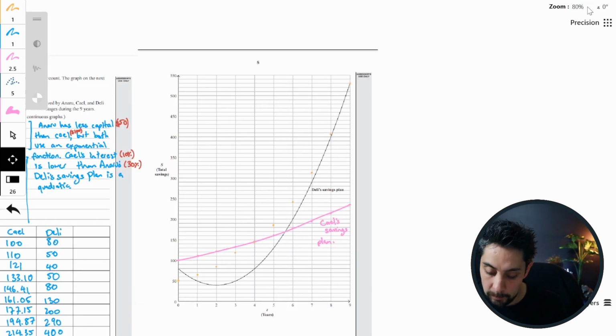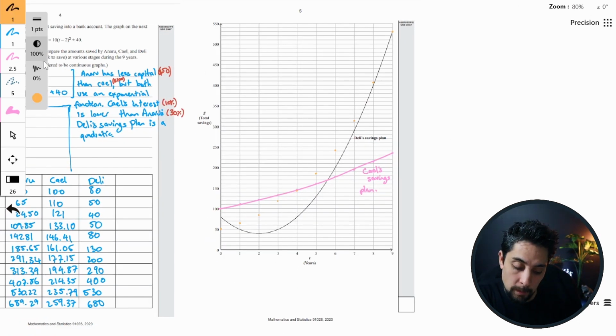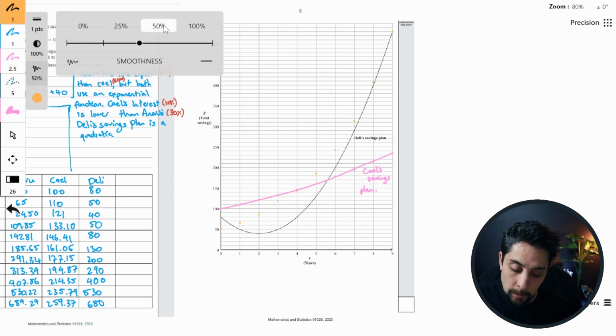So let's just zoom out a little bit and see if we can connect those with a nice smooth line. As you're doing this in the exam, just do your best. You can just connect the dots and then smooth them out, but it is a good idea to start with pencil, sketch it out, and then draw it with a nice straight line with your pen afterwards.